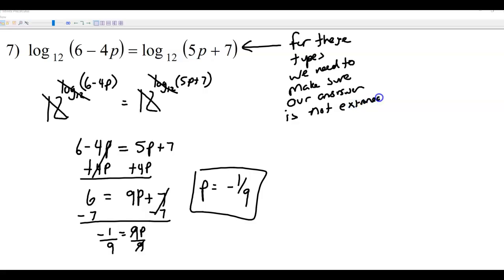And what do I mean by that? Well, sometimes when you're solving log equations of this sort, the answer you get may not be allowed, and the way you can tell is by plugging it in. The part inside the log has to be positive.